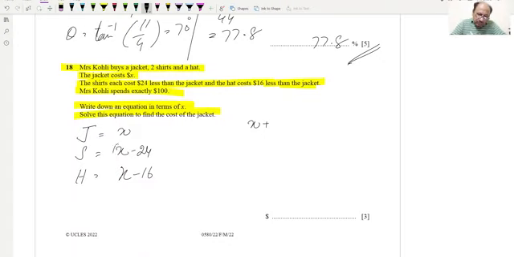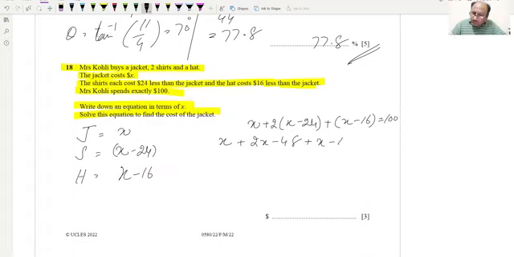Shirt is this one, so we will be multiplying it by 2, x minus 24, and plus this will be 1 hat, so x minus 16 is equal to 100. So we will open the bracket. So x plus 2x minus 48 plus x minus 16 is equal to 100.